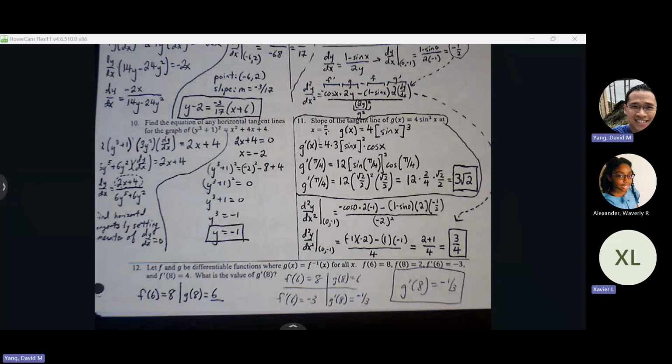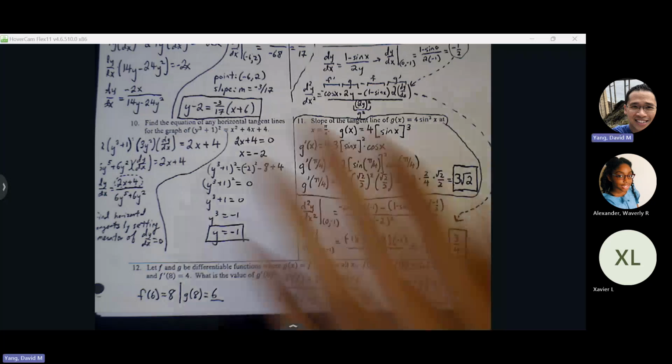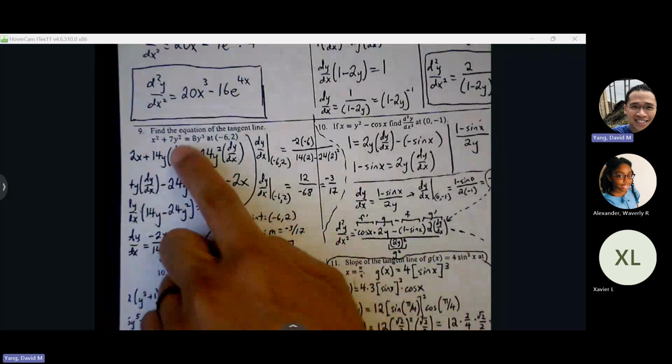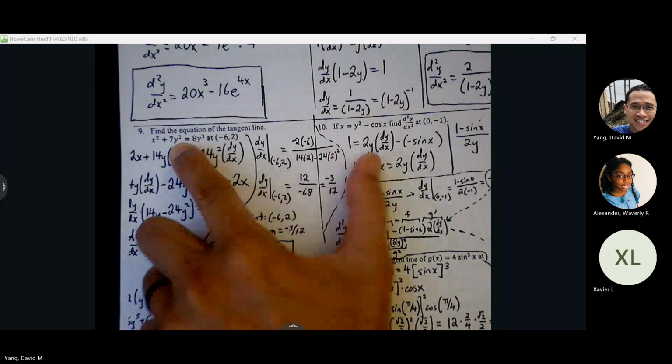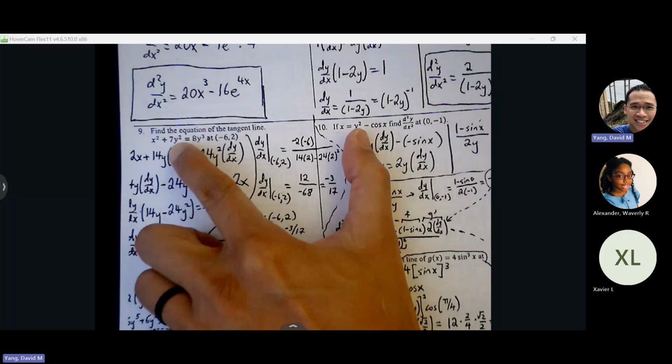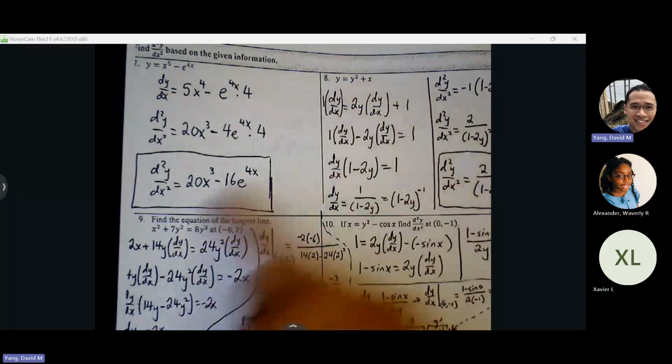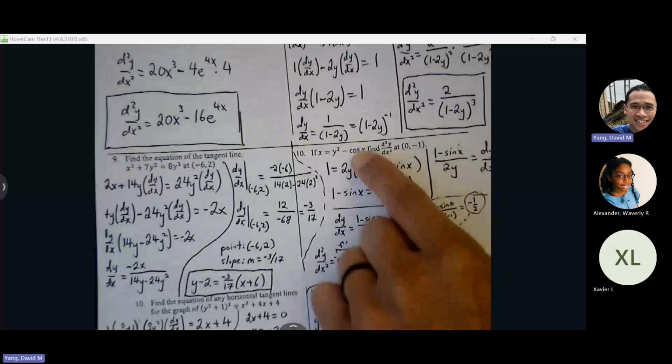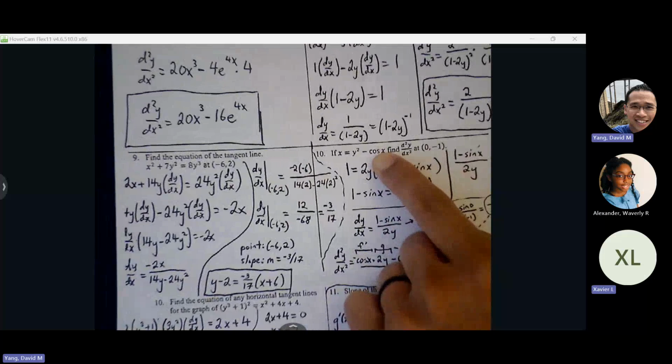Mr. Yang, how do you differentiate when to use chain rule versus implicit rule? Like, how would you know? Anytime you see y's out of place, you know you've got to do implicit. So anytime there's multiple y's, or there's y squared or y cubed or square root of y, you know there's going to be implicit.